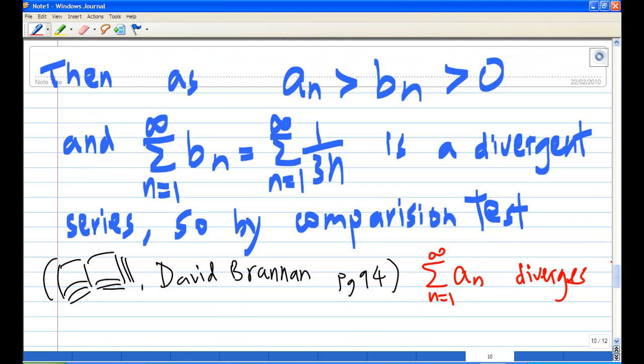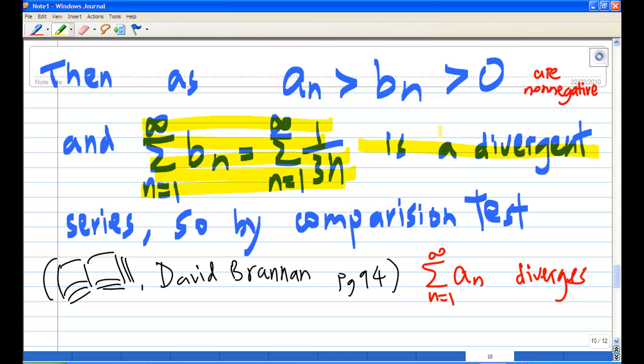Because a_n is greater than b_n and b_n is non-negative, all the terms are non-negative now. And since the series b_n is the summation of 1 over 3n, which we know is a divergent series, by the comparison test, which is in David Brannan's book, page 94, the conclusion is that the summation of a_n diverges.